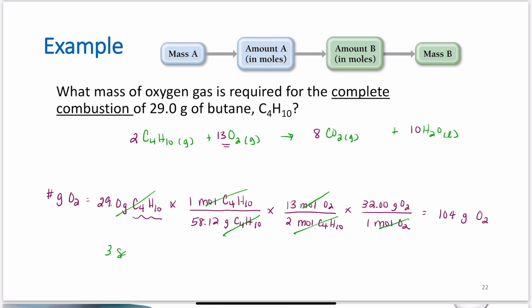Check your sig figs. 3 sig figs, 4 sig figs, exact, 4 sig figs, 3 sig figs are my final answer. Or sorry, you've balanced your reaction, but you've also just completed your stoichiometry.